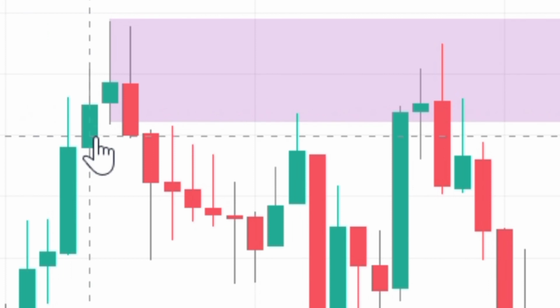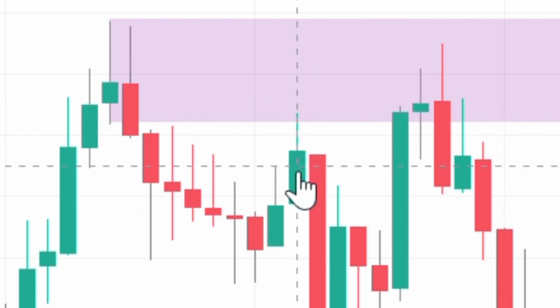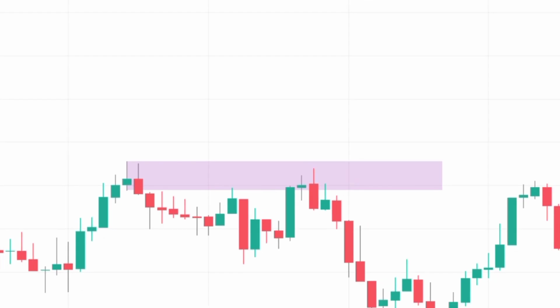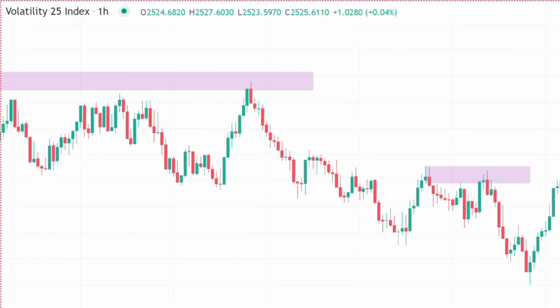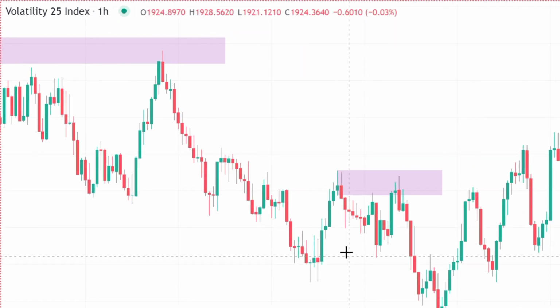But a problem I have with this order block is that it was already mitigated at this point. You can see price went into the order block a little, and if you ask me, I think that was why we didn't have a very long down trade as we expected. We had price going the opposite direction after going down a little.